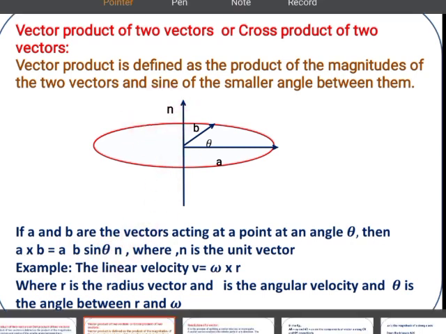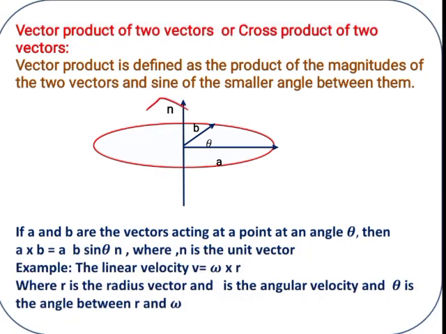We have to show this cap. n cap is a normal. Normal means the perpendicular line drawn to the particular surface. Why we have to study this normal, we already discussed in the previous video. Please go through that. I will not repeat it once again.